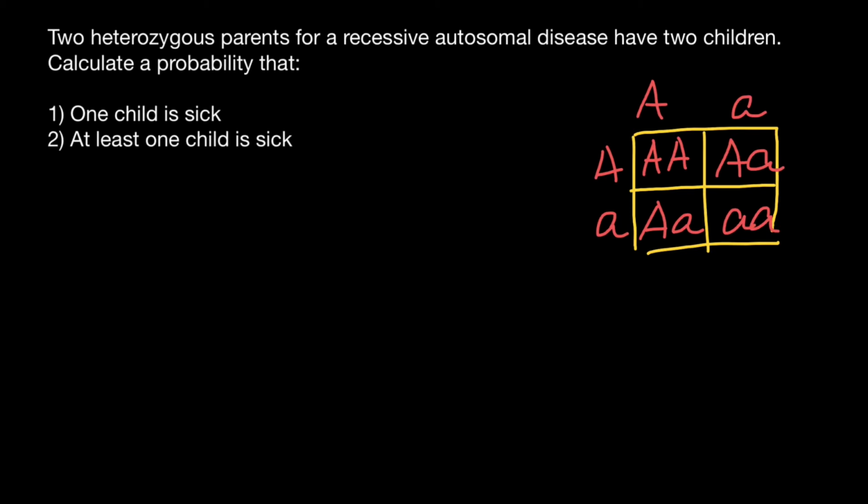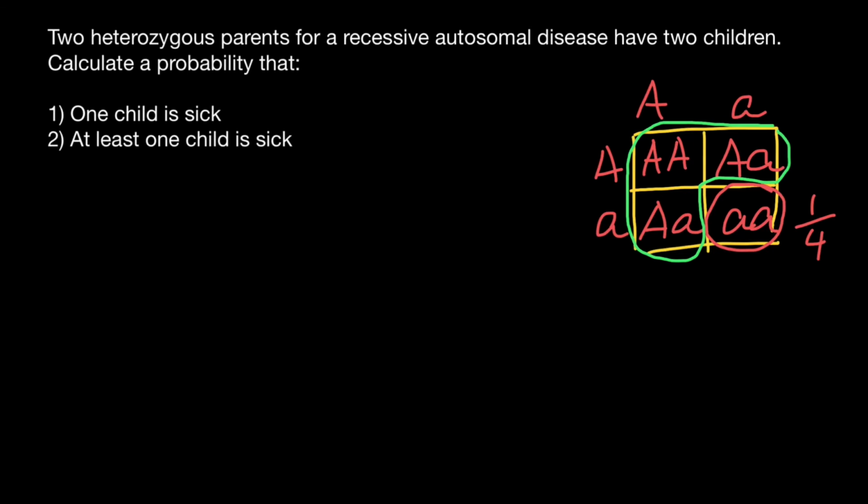As you see, 1/4 of the progeny is going to be affected with this genetic disorder, and 3/4 are going to be unaffected, because those progeny who are heterozygous would phenotypically be the same as homozygous dominant.